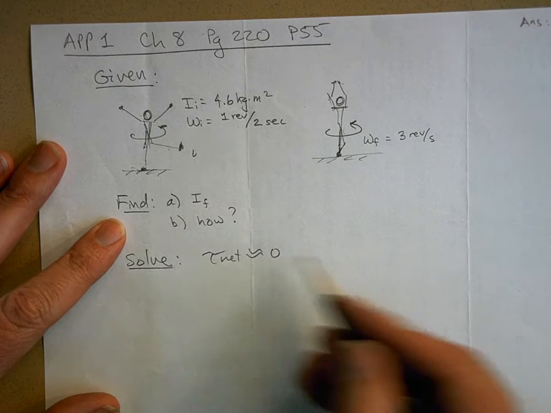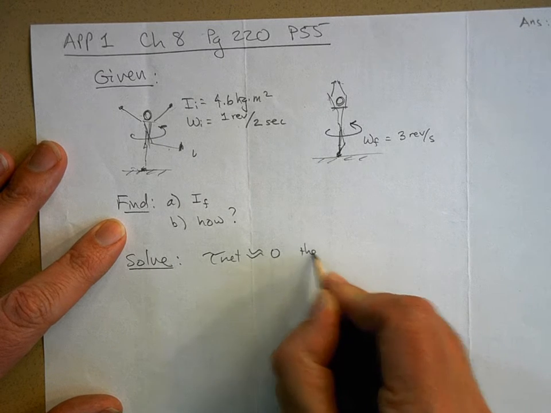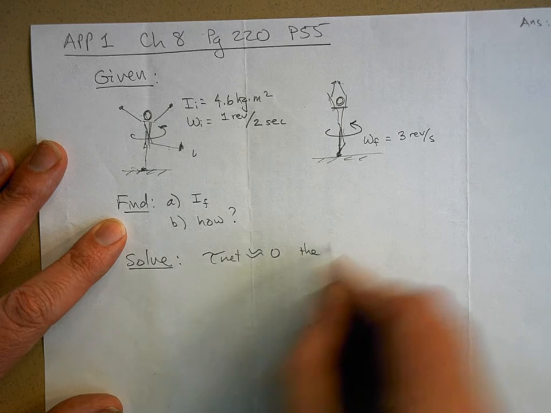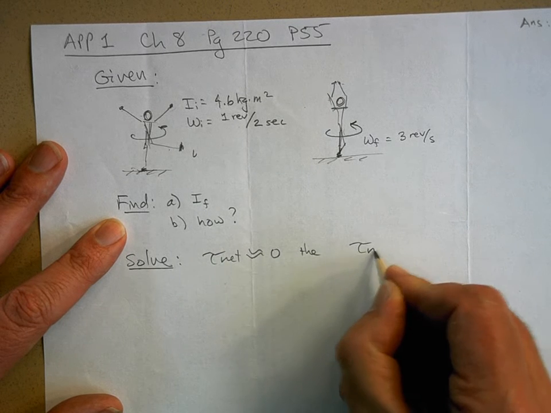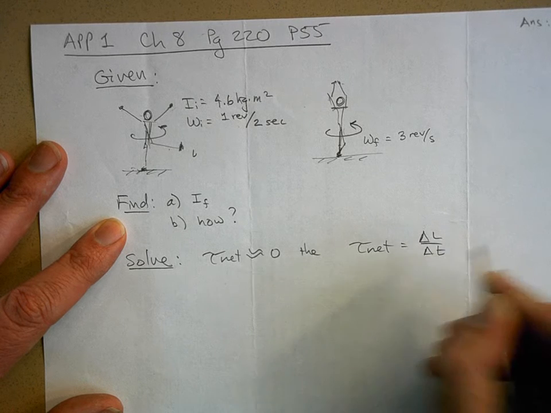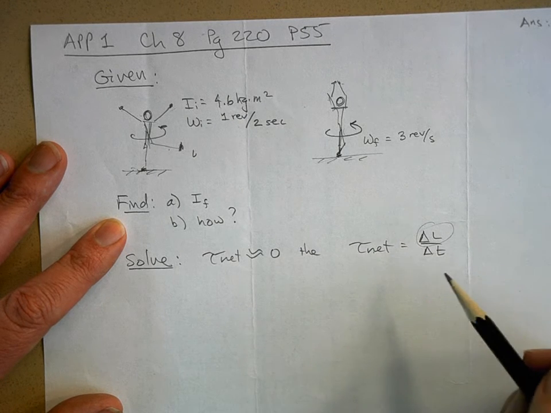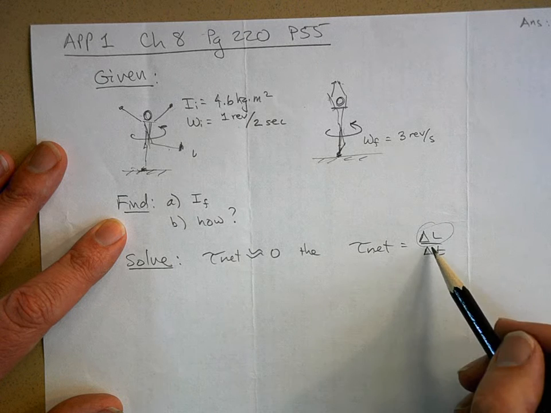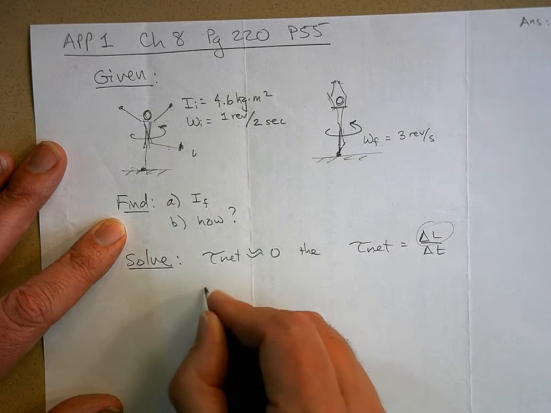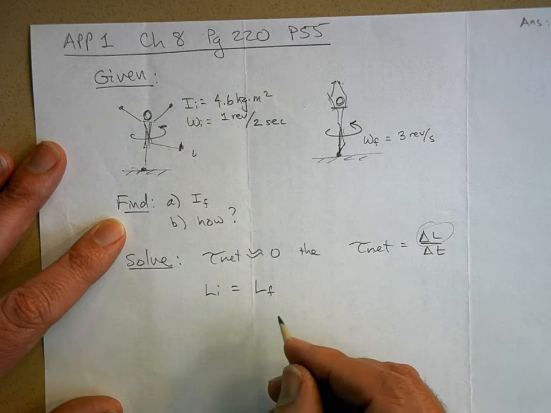And so if the net torque is equal to 0, then, well, we know that net torque is equal to the rate of change of angular momentum. If this is 0, then delta L is equal to 0. There's no change in angular momentum, and that means the initial angular momentum will equal the final angular momentum.